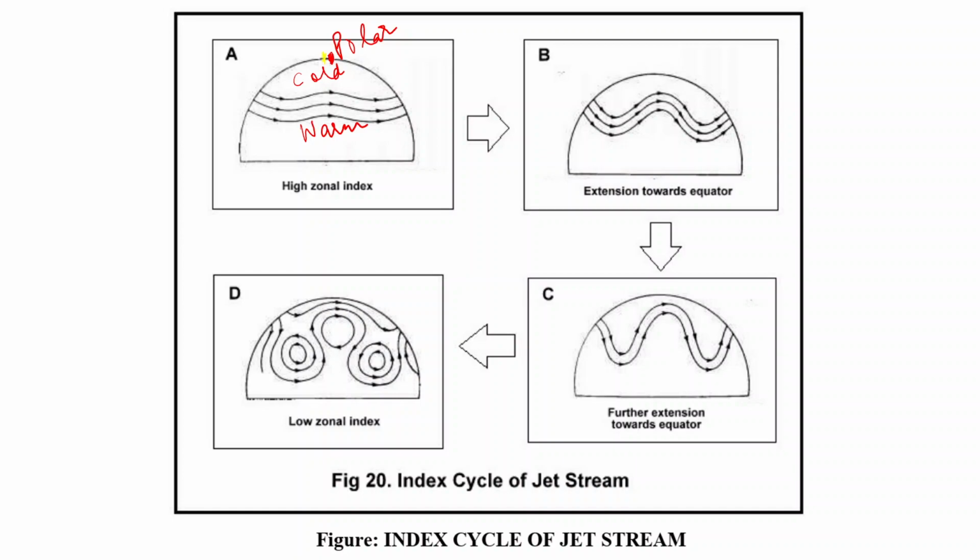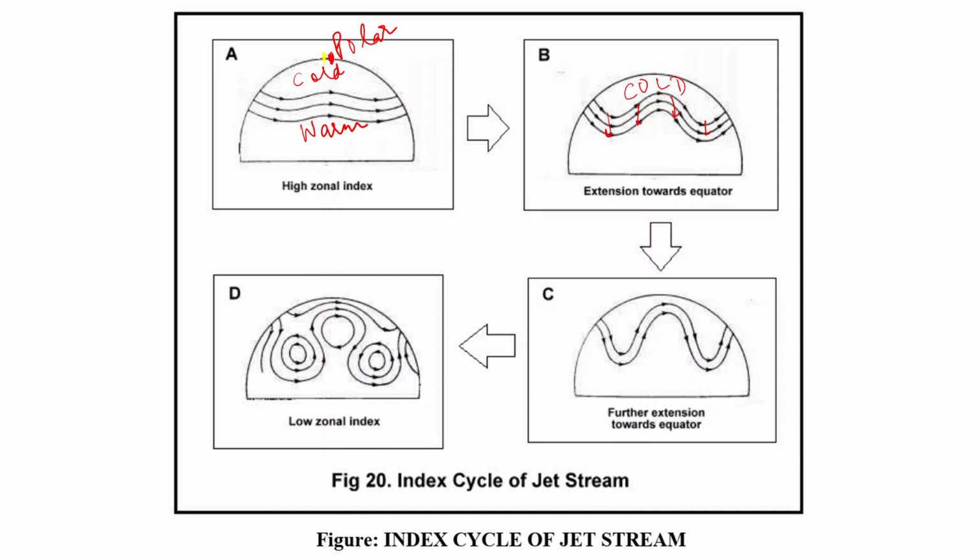In the second stage, in the second index, the winds start moving towards the equator. You can see these wave-like patterns. Now it has started moving towards the equator. As a result, a lot of this cold air mass starts shifting towards the southern part of the hemisphere.